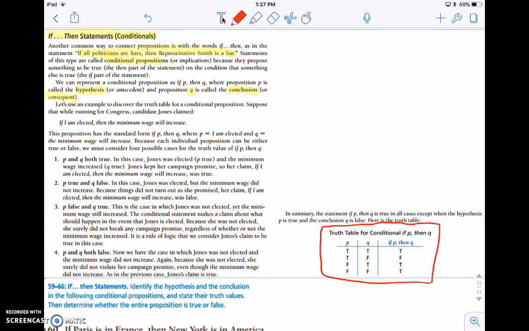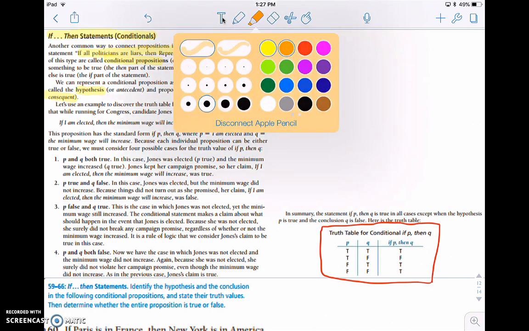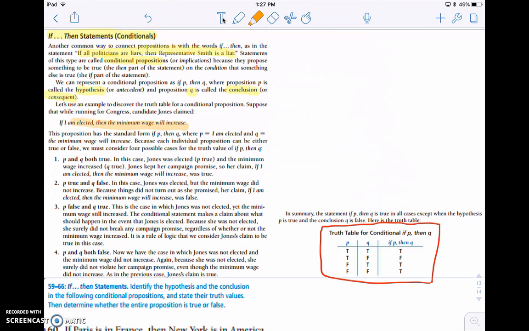So we're going to be looking at this conditional proposition or implication that says, if I am elected, then the minimum wage will increase. Okay, so our P is if I'm elected, then our Q is minimum wage will increase. And it says that right here.